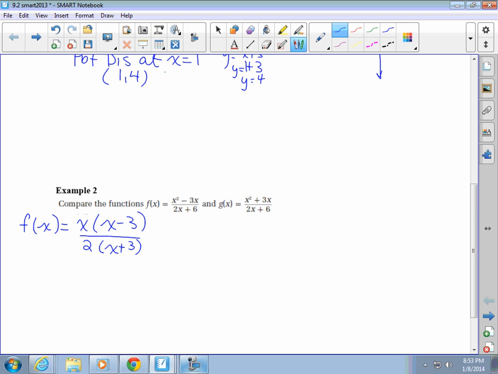Okay, so I can't cancel anything, and according to my 2 rules at the top, if a factor does not cancel in my denominator, that means I have an asymptote. So that means I have a vertical asymptote at x is equal to negative 3.